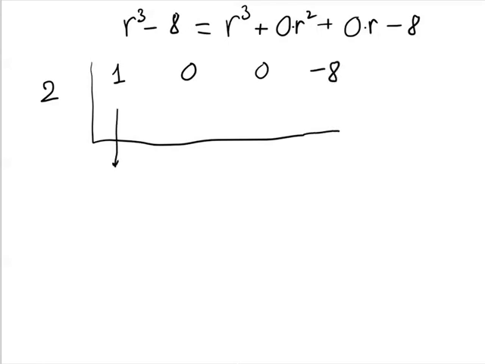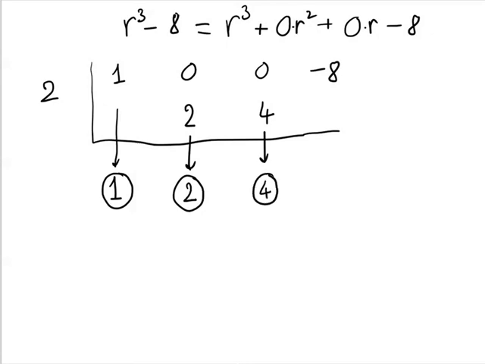As before, we bring this down. 1 times 2, we get 2, bring it down. 0 plus 2 is 2. 2 times 2 is 4. Here, 0 plus 4 is 4. 4 times 2 is 8.